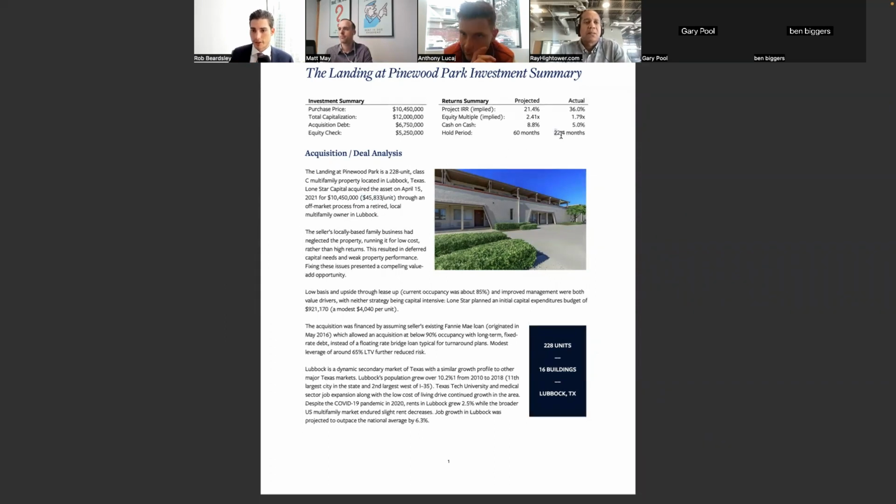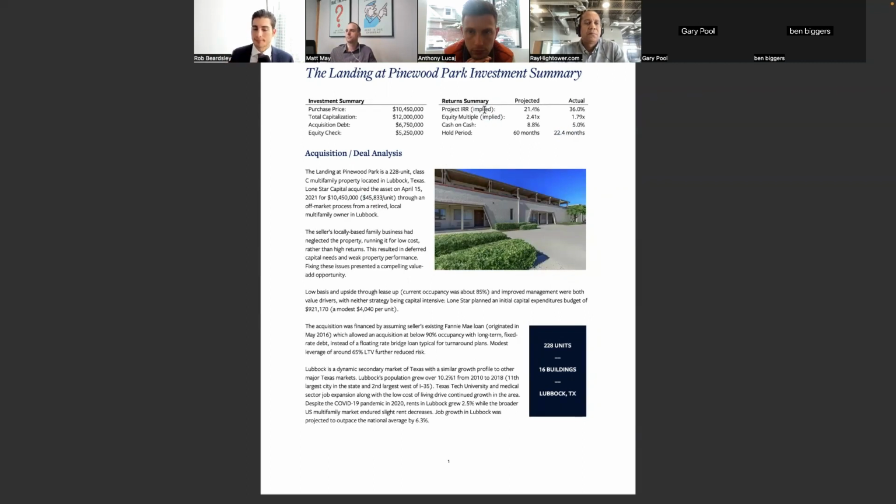And you can see, 22.4 months was the actual time from acquisition to refi. The return calculations here are, I don't want to say misleading, but they're not actual, because it's a hypothetical, and that's why it's implied and not realized, because we didn't actually sell the deal.